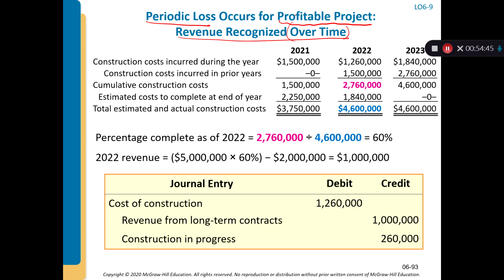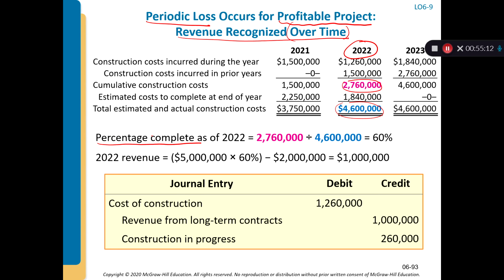So you still have a profitable project, but during the second period it started losing money, and you choose to recognize revenue over time. What are you going to do? In year one, everything stays the same, but in year two, in order to calculate the completion percentage, you use the actual cost divided by the total estimated cost, which is 4.6.